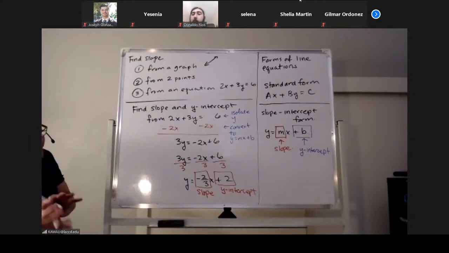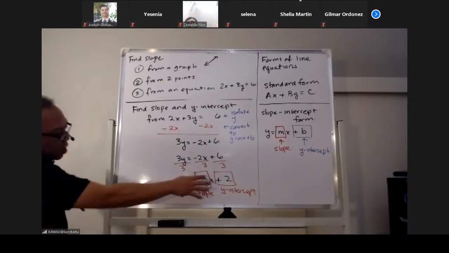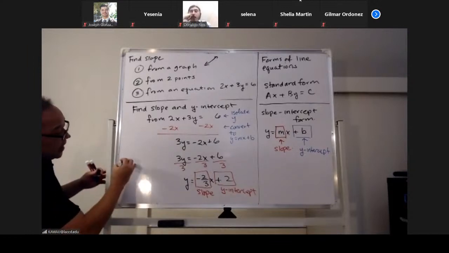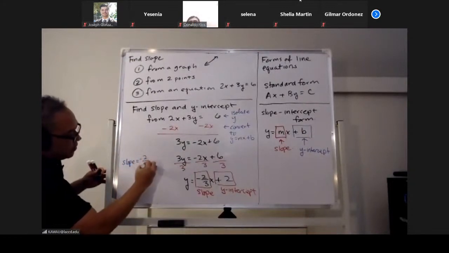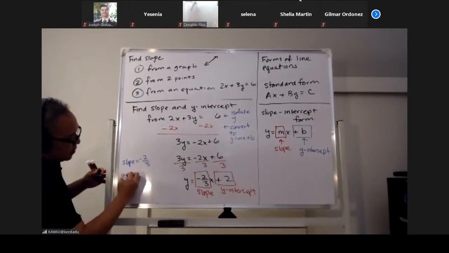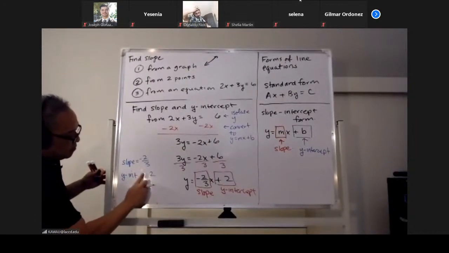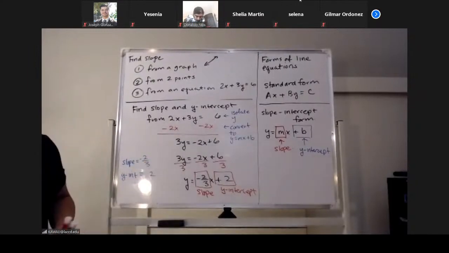Okay, the number all by itself, the sign goes with the number. Okay, so your slope is a number. Don't put the x there, right? It's the number next to the x. So my answer would be the slope is equal to negative 2/3, and the y-intercept is equal to positive 2. Okay, don't put an x here, it'll be wrong.